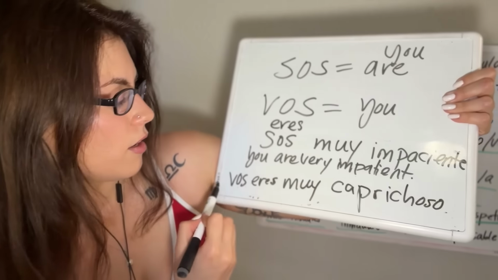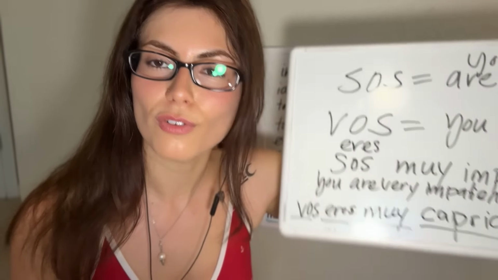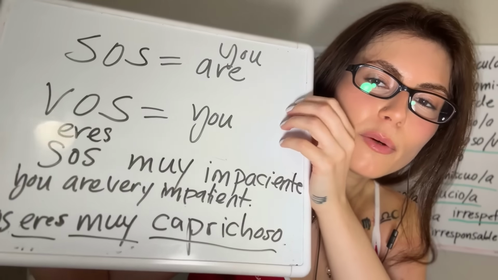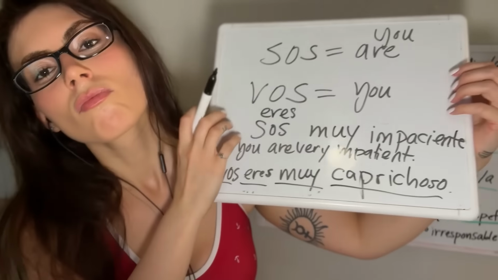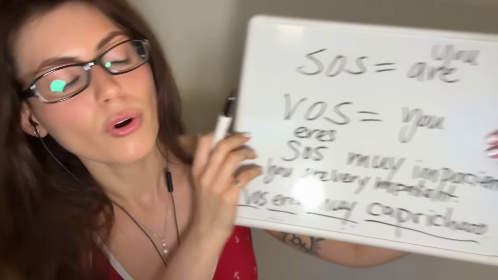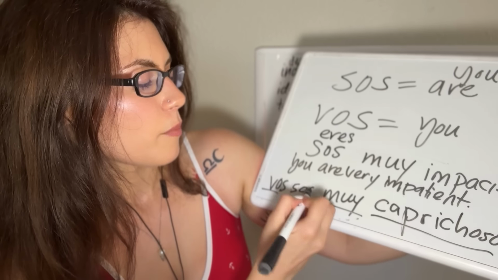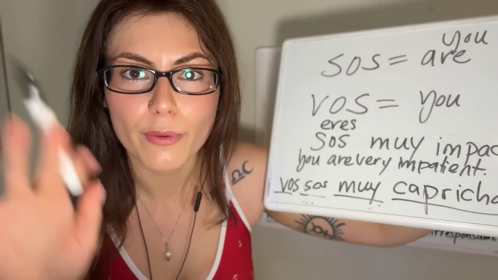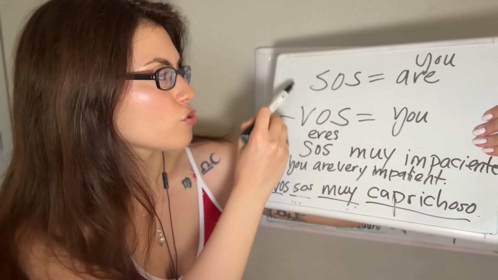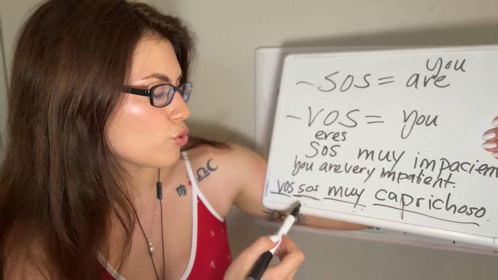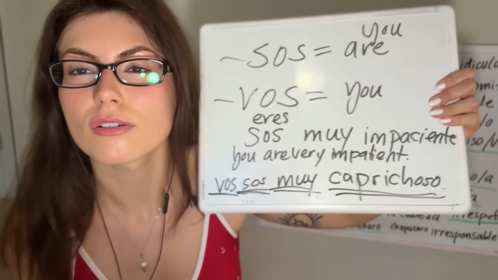Repeat after me. You are very capricious. Or vos sos. I made a little mistake there. Because if we're in Uruguay or Argentina, we're going to use vos y sos. So vos sos, you are very capricious.